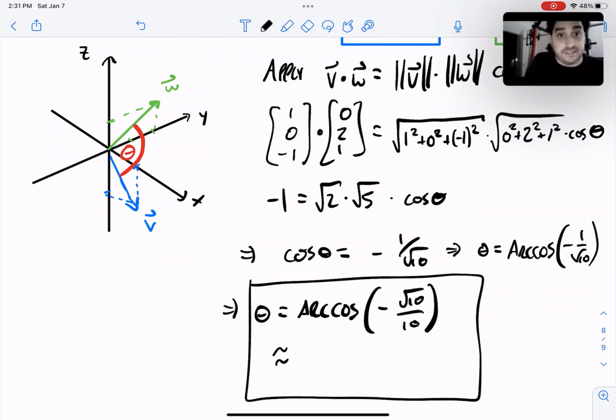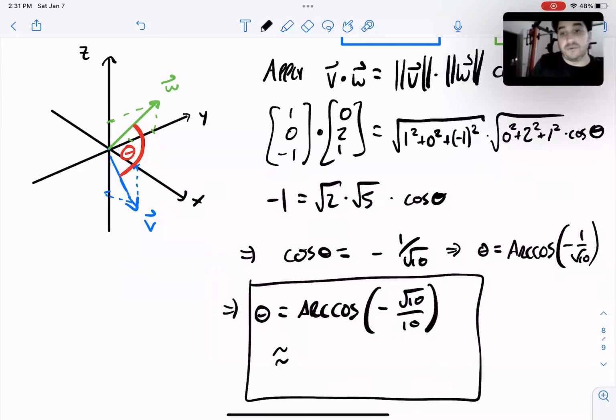Pull up Wolfram Alpha, Desmos, or whatever your favorite online calculator is. I'm using Wolfram Alpha, but it doesn't matter too much. So arc cosine of negative square root of 10 over 10. You can type that in, and let's see what we get.